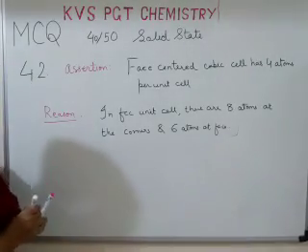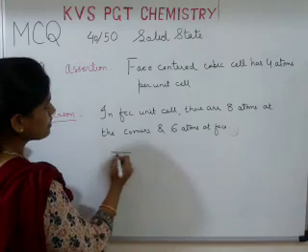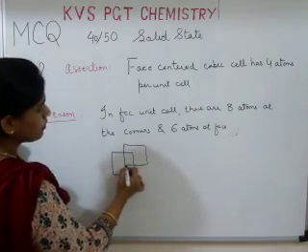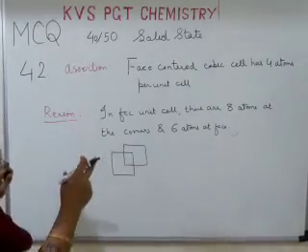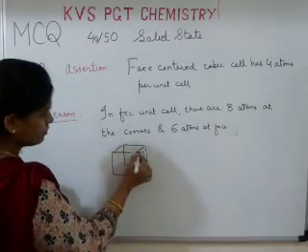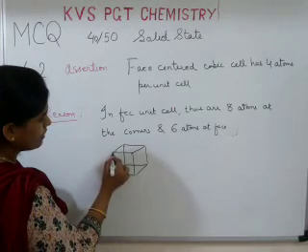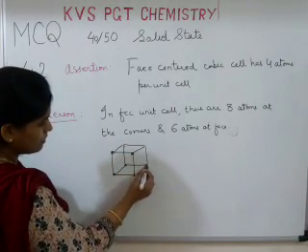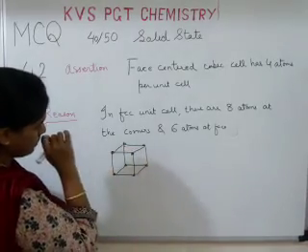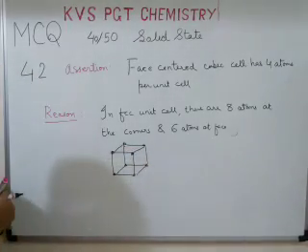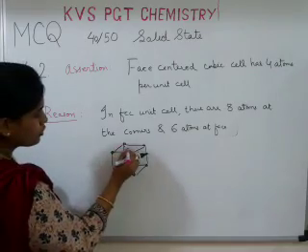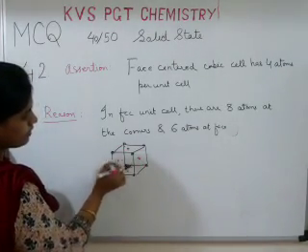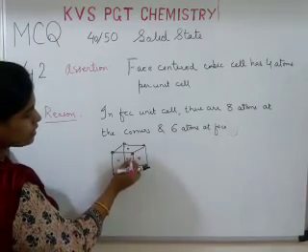So let us check. See, this is a cube. What is written? 8 atoms at the corners: 1, 2, 3, 4, 5, 6, 7, 8. Now 6 atoms at the faces: top, bottom, side, right, front and back.